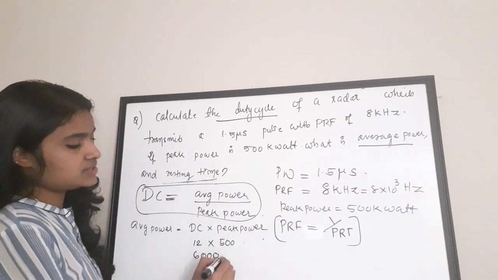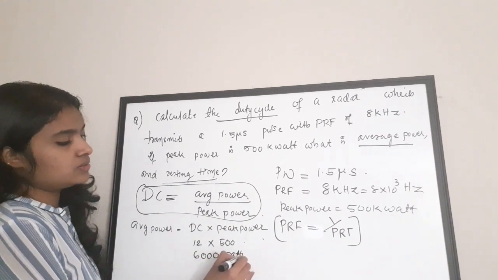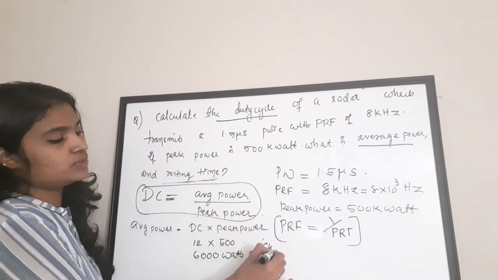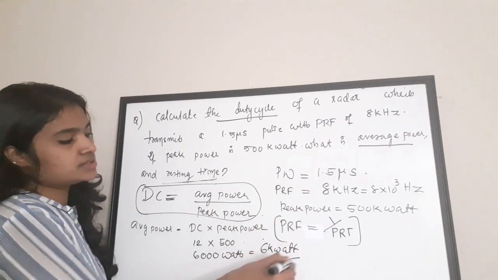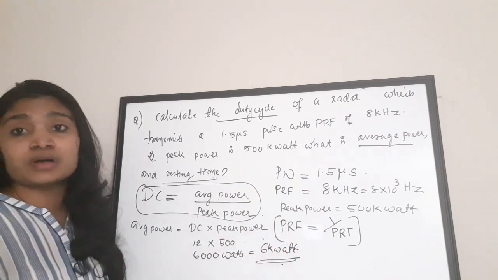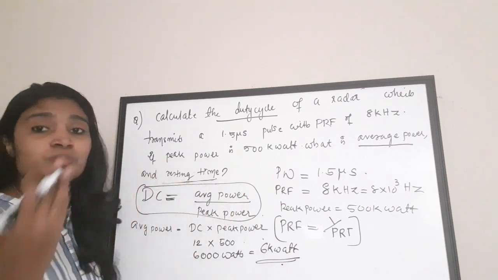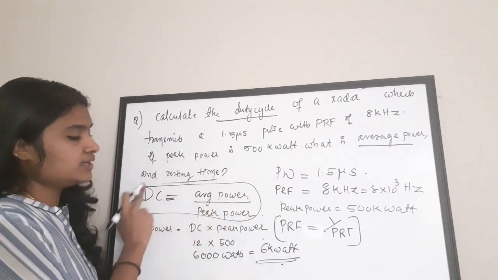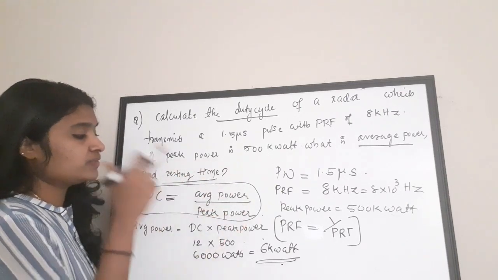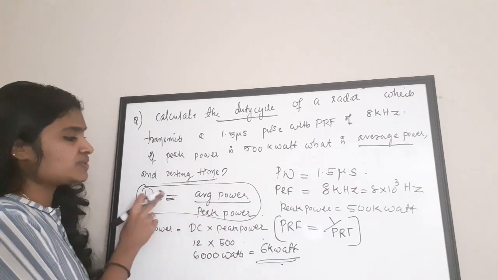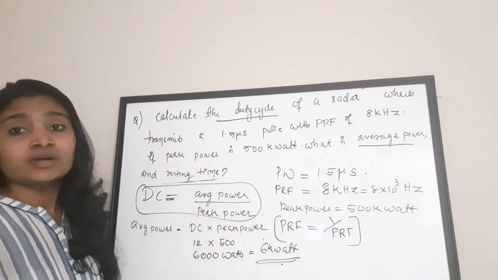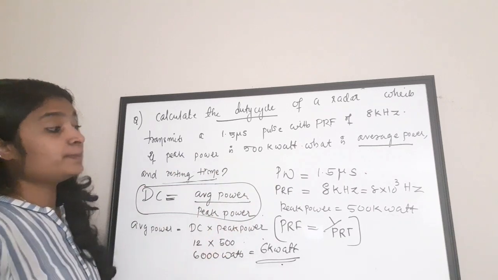So 6,000 watt, or you can write it as 6 kilowatt. So this is the average power. The equation to find the average power is duty cycle equal to average power by peak power, so average power is equal to duty cycle into peak power. Okay, so this is all about the power.